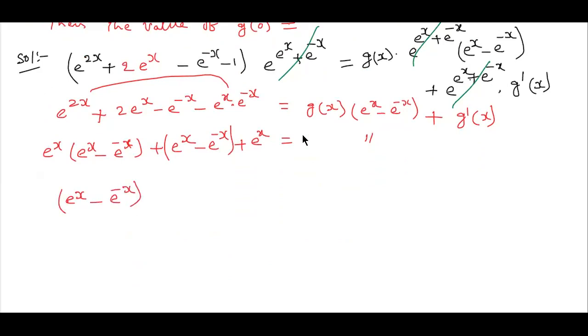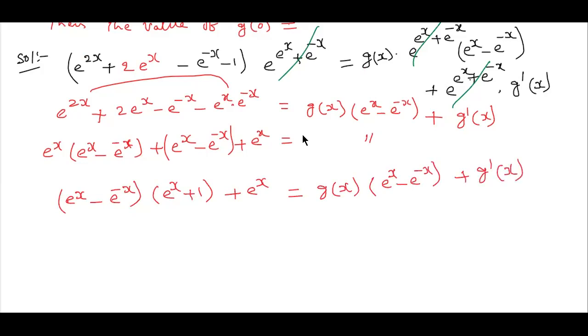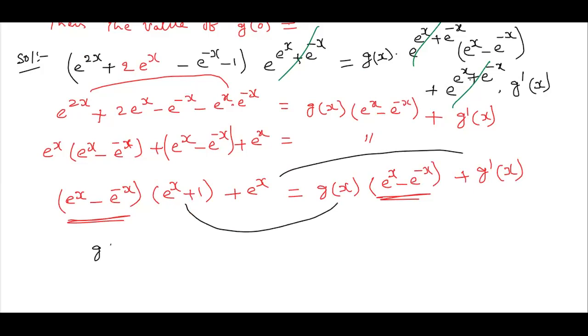Remaining is e power x plus 1 plus e power x, which is equal to g of x into (e power x minus e power minus x) plus g dash of x. See, these two are the same. Now compare, these two and these two are equal. Here g of x is equal to e power x plus 1.